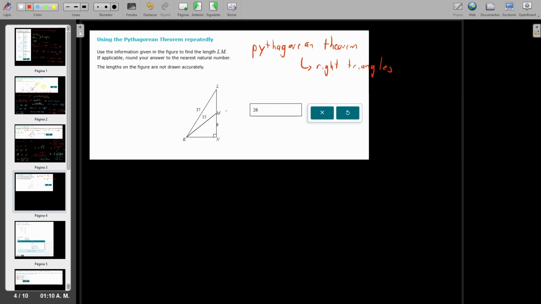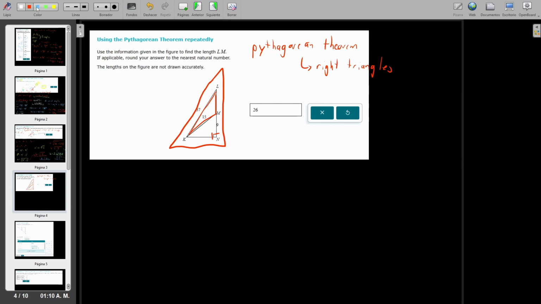As you can see, the right triangle is the bigger one, right? This part. This one is not a right triangle. Why? Because it does not have this right angle.